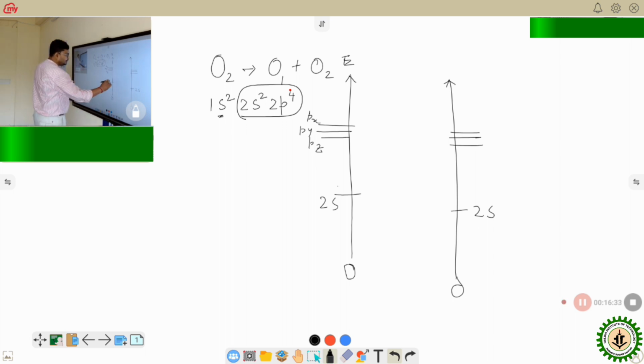I know I have 2s electrons here and 4 p electrons here. Similarly, for this oxygen also I have 2s electrons and 4 p electrons.